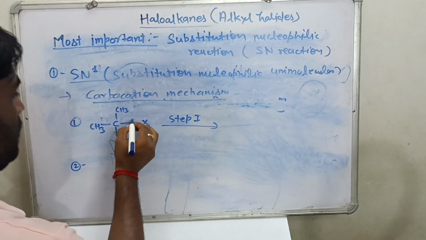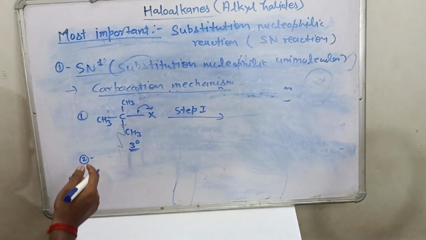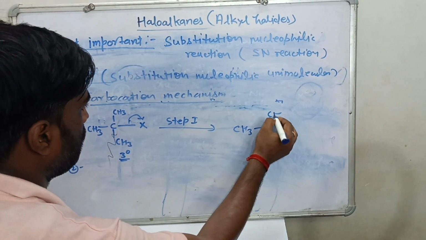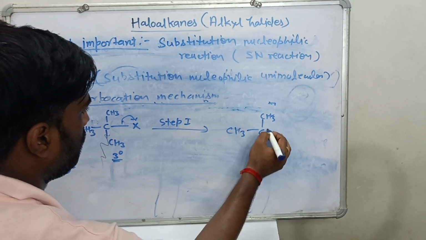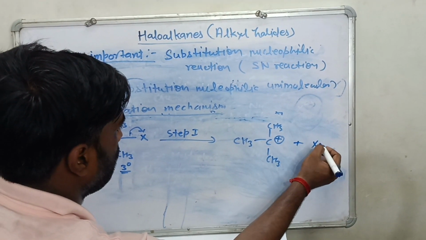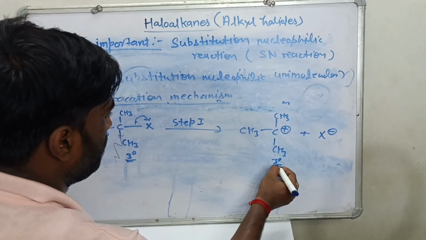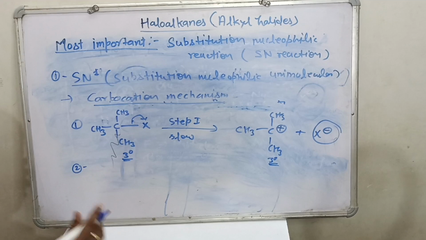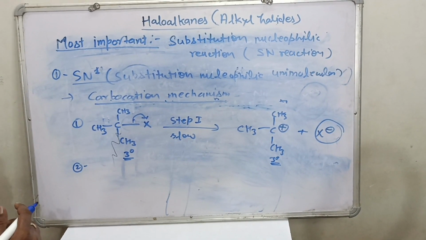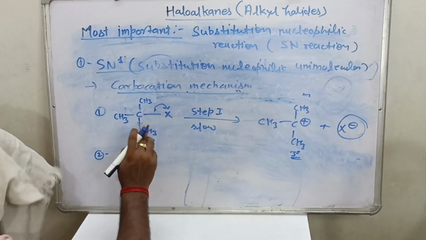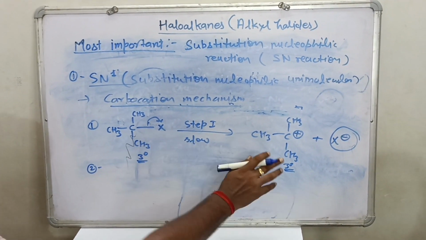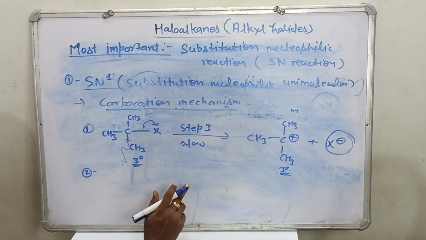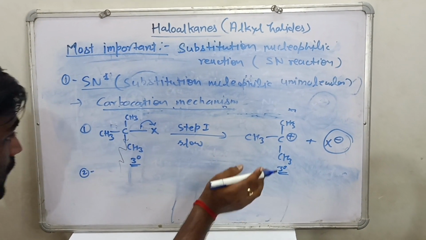First, this bond is broken, leading to the formation of a tertiary carbocation and removal of the leaving group. This is the slowest step, and as we know, the slowest step is the rate determining step, so the rate of reaction depends on it, based only on the substrate. There is no involvement of the nucleophile, which is why this is known as a substitution nucleophilic unimolecular reaction, in which the rate of reaction depends only on the substrate.